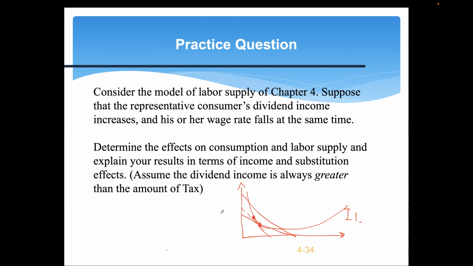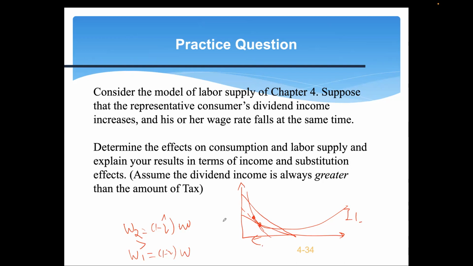It's because wage 2, equal to 1 minus tau hat times W, is greater than wage 1, equal to 1 minus tau times W, because the tau decreased. And then leisure becomes more expensive. We substitute consumption for leisure. So then your leisure decreases.